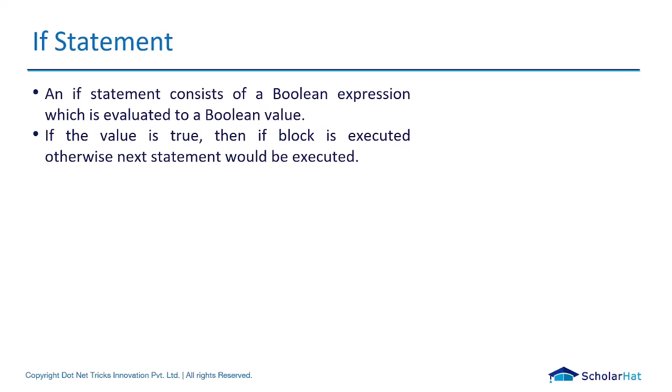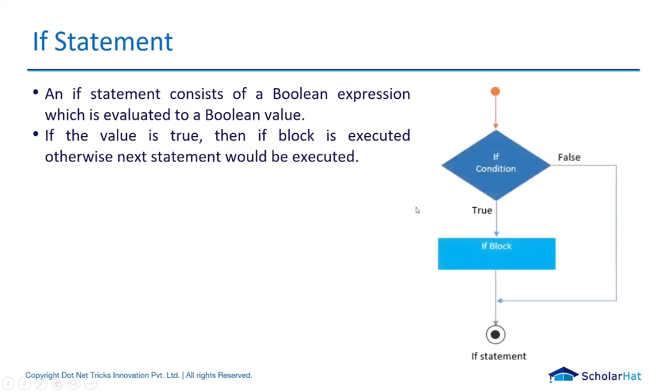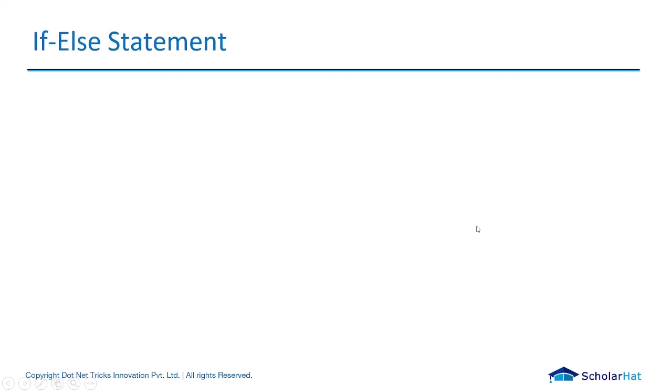If the value is true, then the block is executed, otherwise the next statement would be executed. This is the flow chart of it. The condition is there. If it is true, then this block is going to be executed. If it is false, it's going to skip this block of statements. So this is what the if statement is.